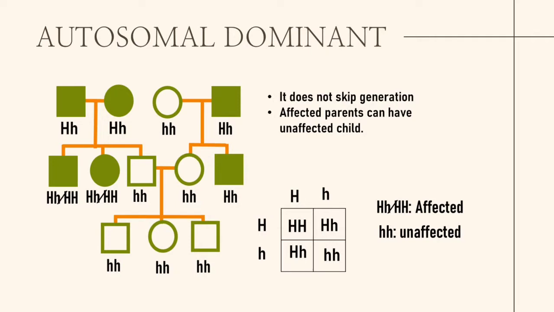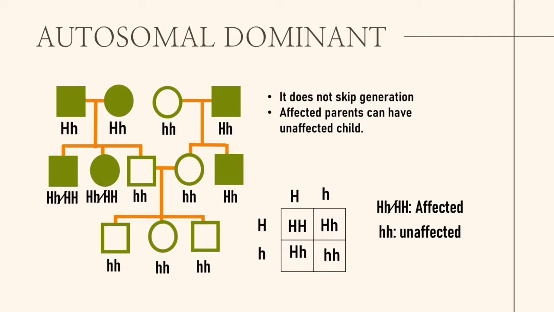So, makikita na agad natin dito yun, nandito sa ating definition, affected parents can have unaffected child. Wherein, paano nga ba tayo nakakuha ng unaffected child although all of the parents are affected?